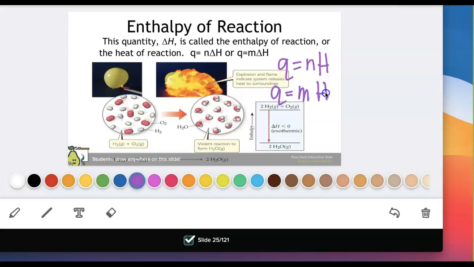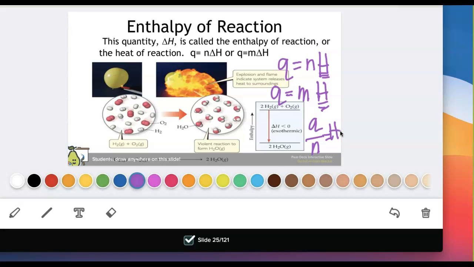It really depends what they give you for H. Which means if you rearrange to solve for H, it's really Q over mole is H. So it's Q, but with moles in it. It's Q divided by mole. So it just considers moles.